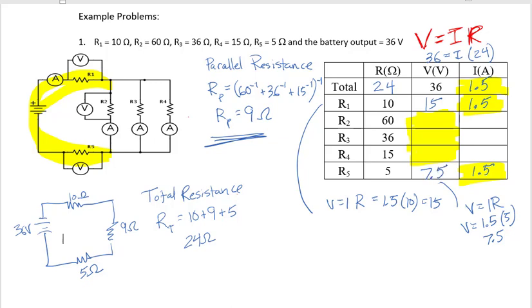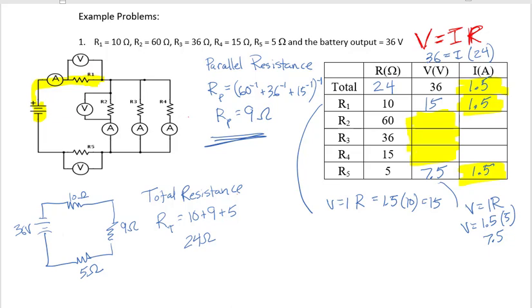Okay, now we have to figure out, this can be a point where people might get a little bit stuck and not know where to go next. There's a couple of ways that you can do it. The first thing is that if we go back over to our picture right here, if we realize that we start with 36 volts at the battery, and we know we're going to lose 15 volts at R1.